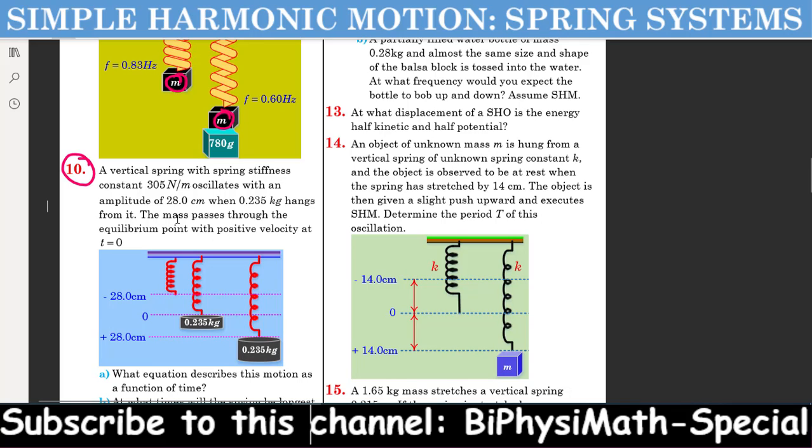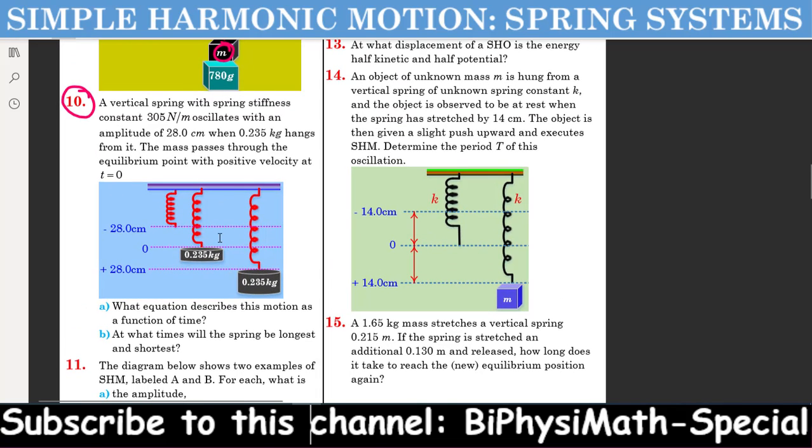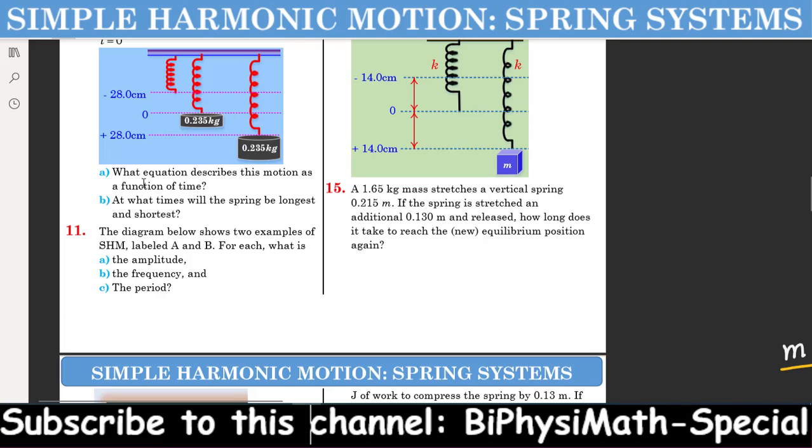The mass passes through the equilibrium point with positive velocity at t equals 0. This is a drawing of the situation. (a) What equation describes this motion as a function of time? (b) At what times will the spring be longest and shortest?